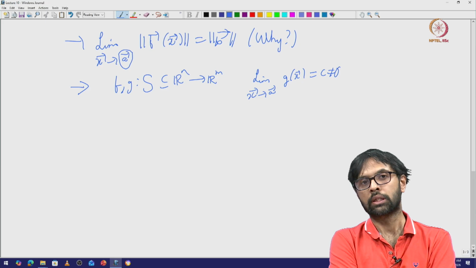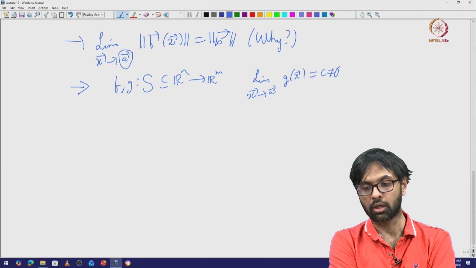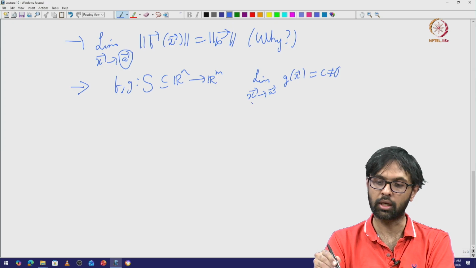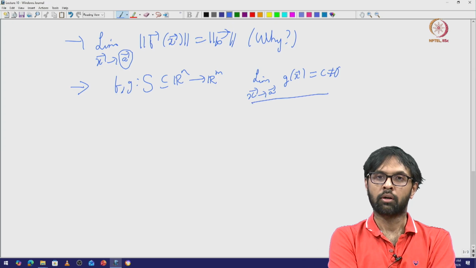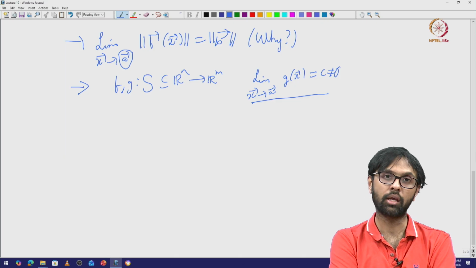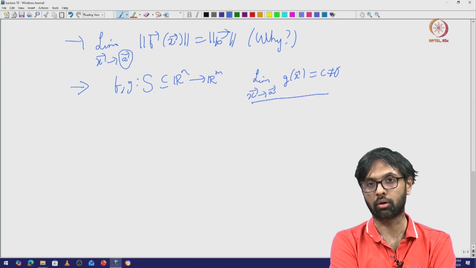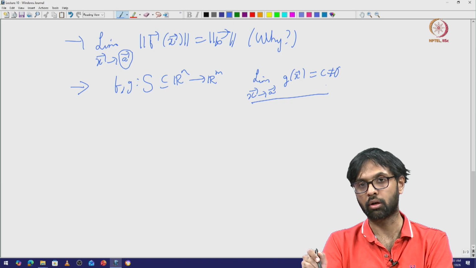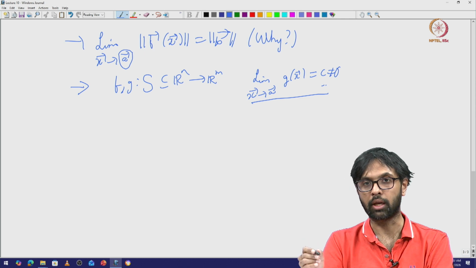So as a consequence, for all x which are close to A and lie in the domain of g, namely S, g of x is necessarily non-zero. Because the limit is non-zero and g of x is very close to the limit as x is close to A, and therefore g of x is non-zero in a neighborhood of A.